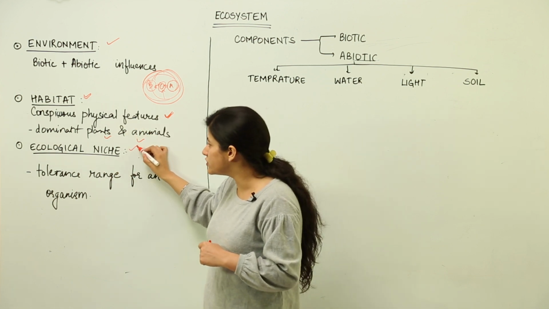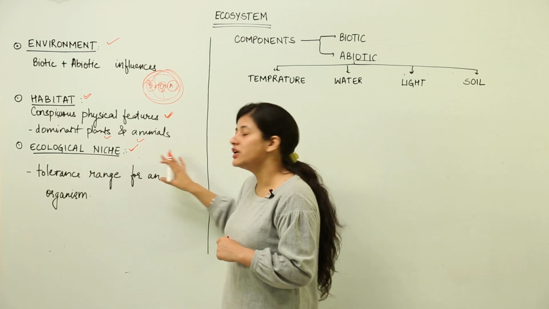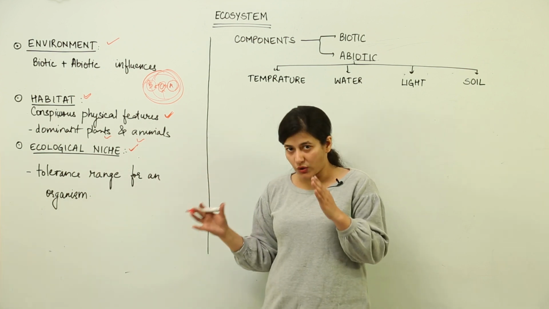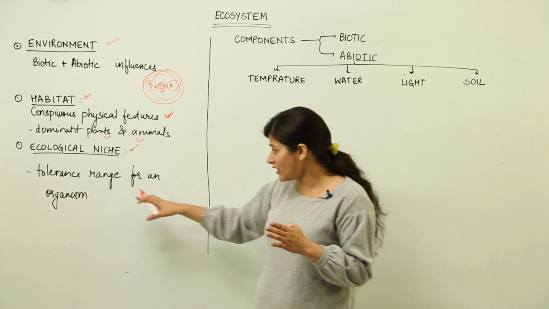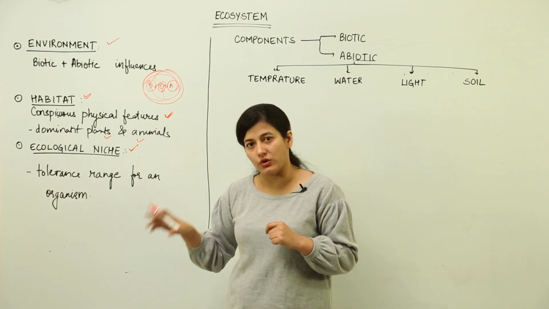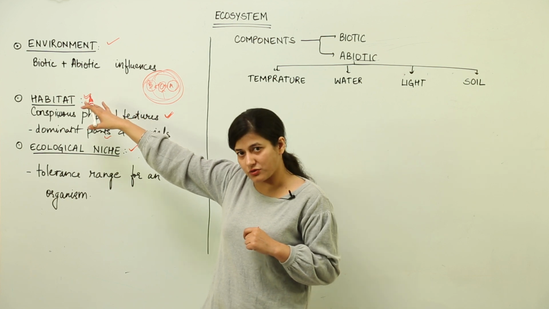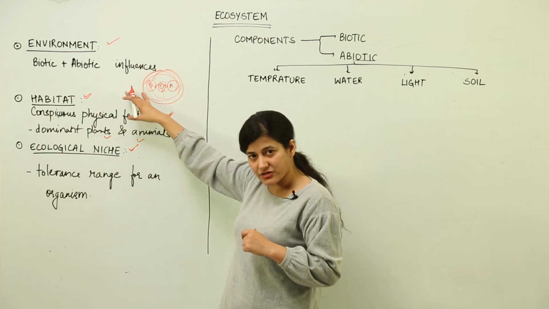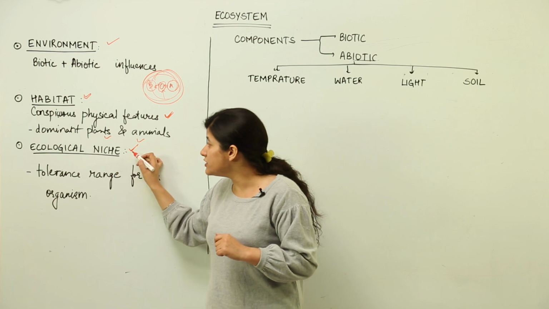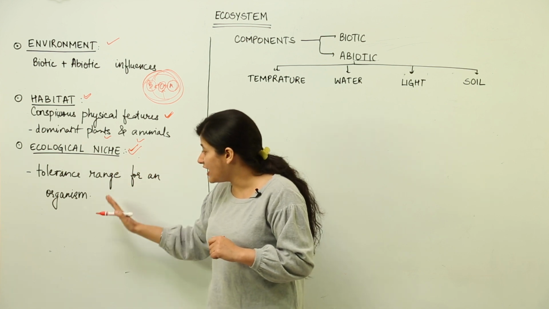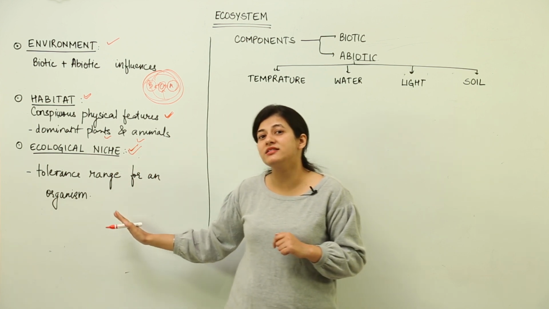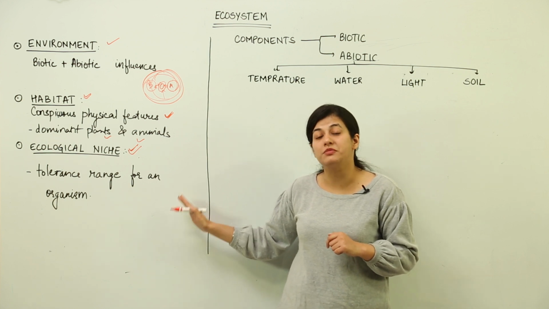And then we have ecological niche. What is a niche? Niche is basically that tolerance, the range of conditions that an organism can tolerate. Now those conditions would include again the biotic communities which would be around it, and the abiotic influences which would be present. So niche happens to be the range in which the organism has enabled its best possible survival.